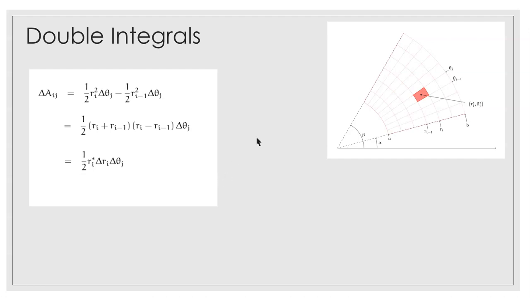So these are our change in variables. My theta goes from alpha to beta. My r goes from a to b, and we've got to have the function in the middle.